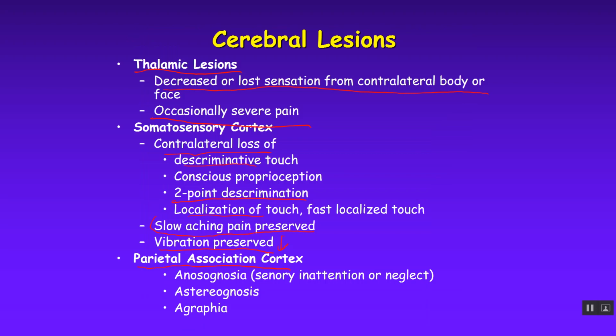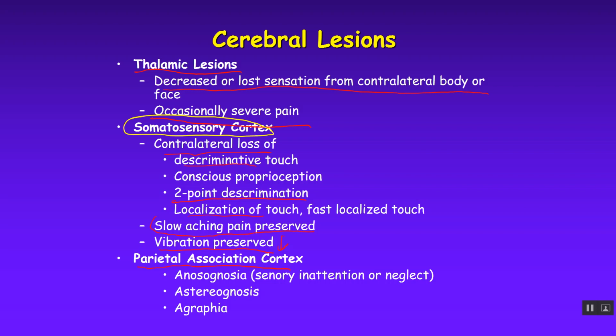Okay. The other thing I want to talk about: between the thalamus and the cortex, sensation travels through white matter called the internal capsule. The thing you need to know about the internal capsule is that everything gets really close together. It gets all squeezed down into this little area of white matter near the basal ganglia.